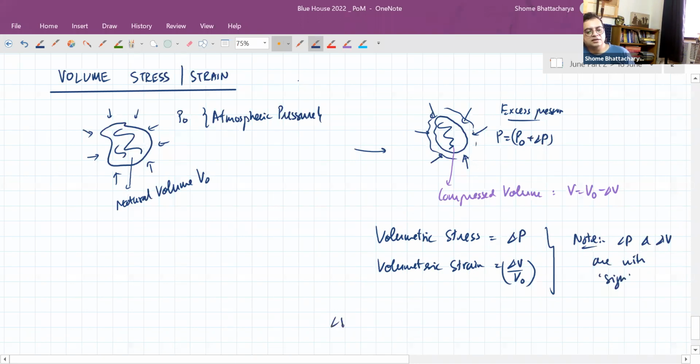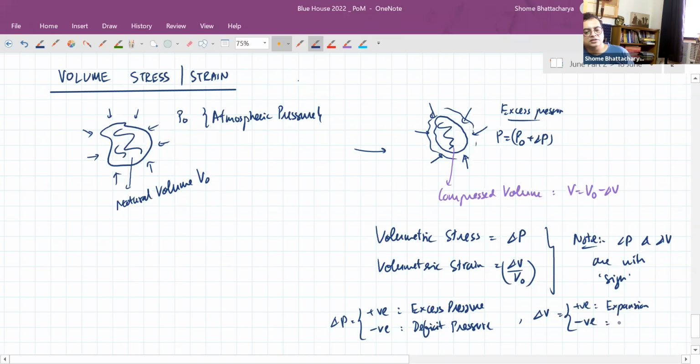Delta P positive means there is excess pressure, and delta P negative means there is deficit of pressure compared to the natural atmospheric pressure. Similarly, delta V positive means there is expansion, and delta V negative means there is compression.